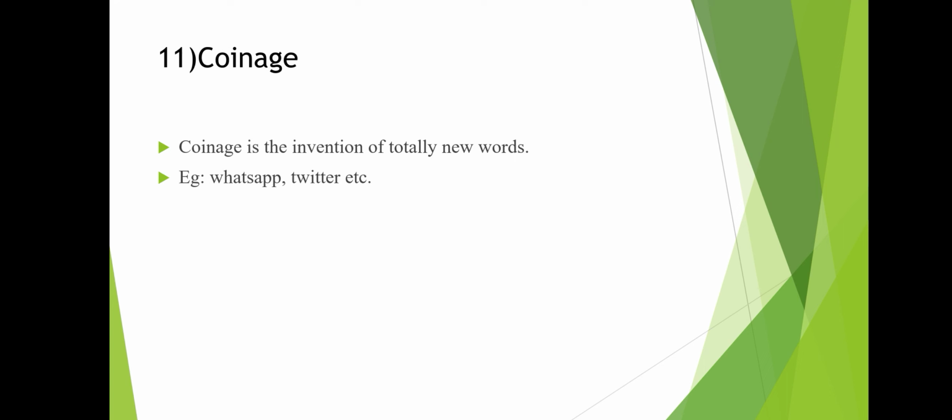For example, WhatsApp. We had not used this word before, but with the invention of the social media app WhatsApp, we became familiar with that word. Then Twitter, Facebook. These are not common words in English, but they came into use with the invention of such social media or related things.